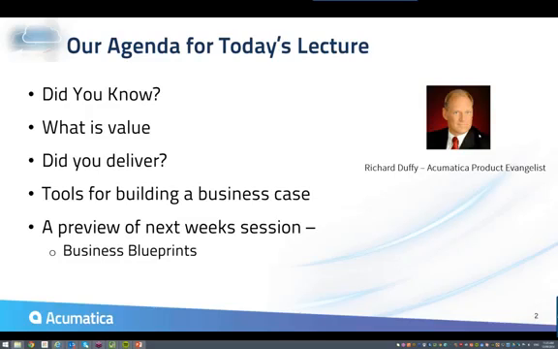So, for example, if you said to the customer, as a result of implementing Acumatica, we are going to help you do some analysis of your picking and packing, and then, off the back end of that, using our knowledge and our skill, we're going to make recommendations for a better way to structure your warehouse.